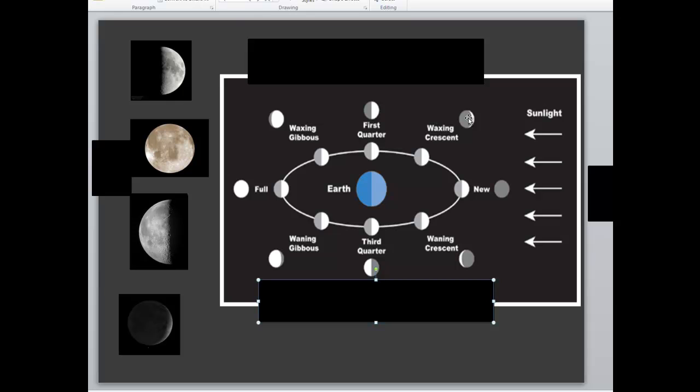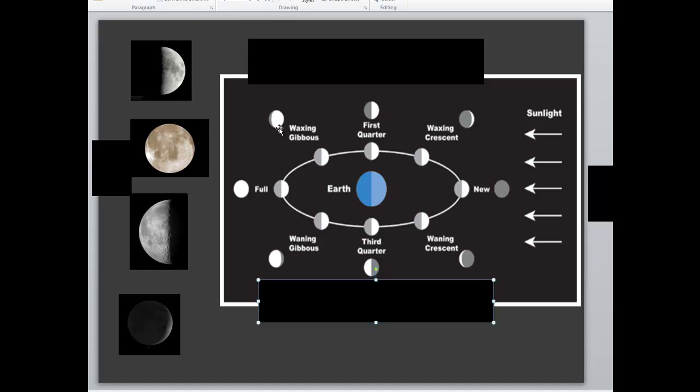So again, here we have our new moon, then waxing crescent, waxing meaning getting bigger. We're seeing this crescent, like a croissant, and it's getting bigger because the shadow is moving again right to left, and the amount that we see of the moon is getting larger and larger. Here's our first quarter, we see more of the moon, and then here's our waxing gibbous, we're seeing more and more, our moon is getting bigger. Gibbous again refers to almost the full circle.